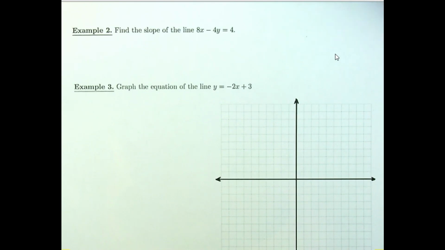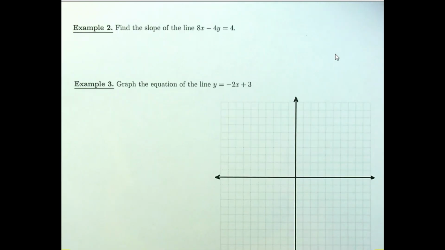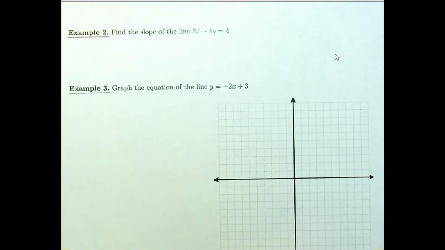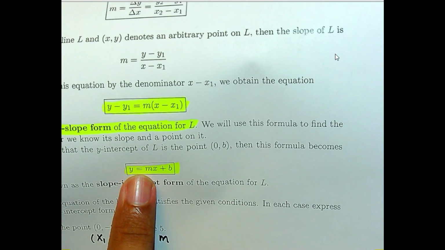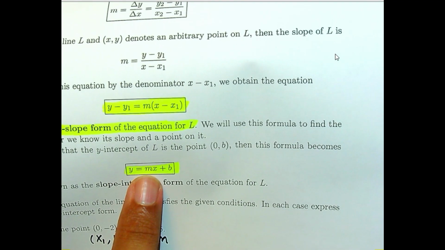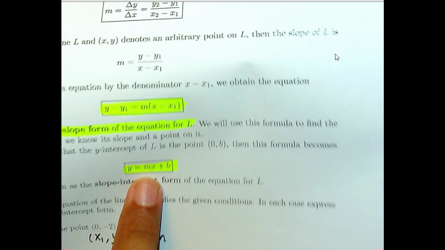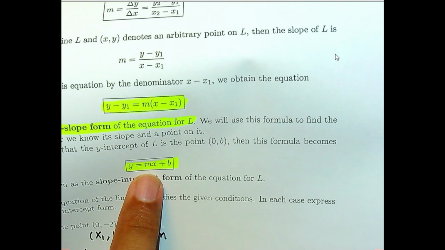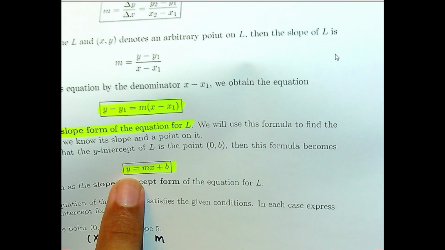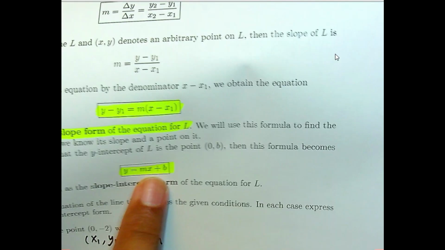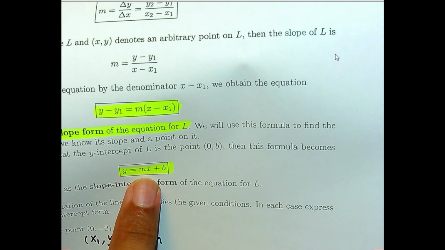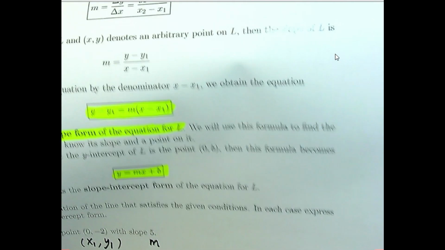Okay, we know the slope. If we had been given the equation in the form y equals mx plus b, then we know that the slope, which is the m, is what is in front of the x. But that's only true if you have solved for y. If the equation is not solved for y, then what is in front of the x may or may not be the slope.